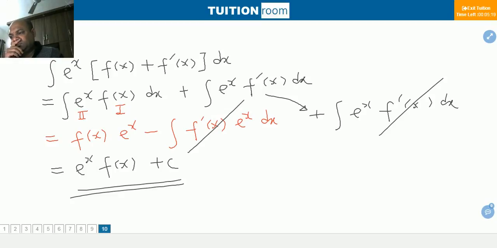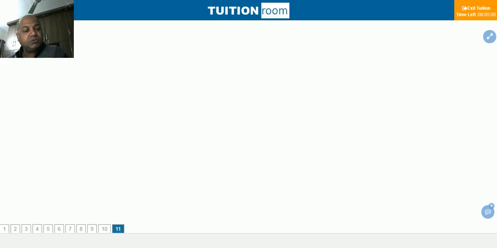We can write e raised to power x times 2 plus x minus 1 upon 2 plus x whole square dx. In the numerator, in the place of 1 plus x, we can write 2 plus x minus 1.